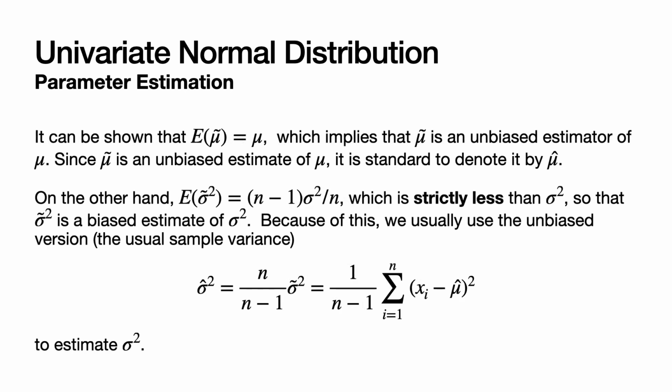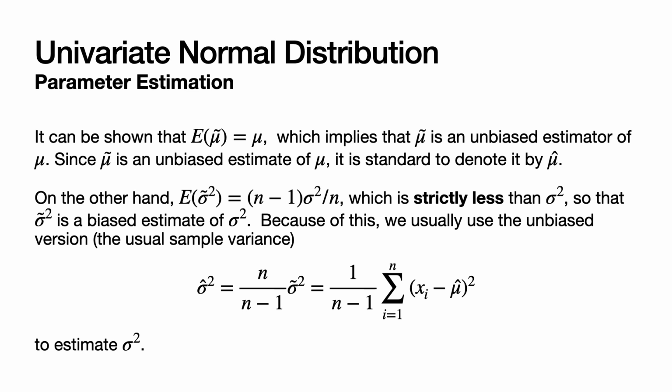Now it can be shown that the expected value of mu tilde, the MLE of mu, is equal to mu. And this implies that mu tilde is an unbiased estimator of mu. You'll recall that the definition of a random variable or estimator being unbiased is that its expected value is equal to the quantity we're using it to estimate.